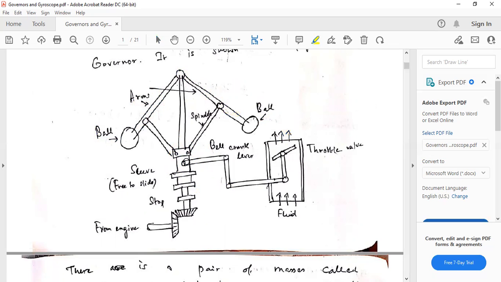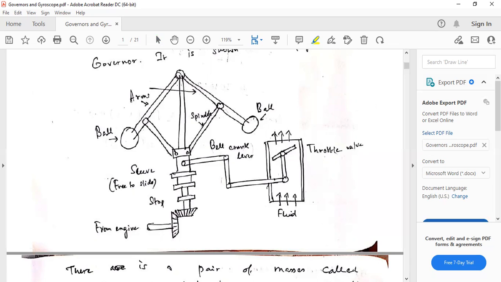This sleeve is connected to the throttle valve. When it goes up, the throttle valve opens and fuel flows in a higher amount. When it goes down, the valve closes a little and a low amount of fluid passes through.